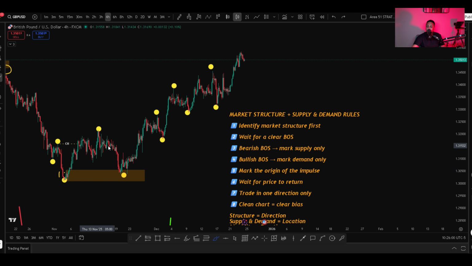They're going to mark this area and say, oh, this is the demand zone. Price is going to react for a little bit. But what happens after that is the stop loss is sitting right beneath here. And you know what happens after that? The liquidity gets collected. Price comes back again.